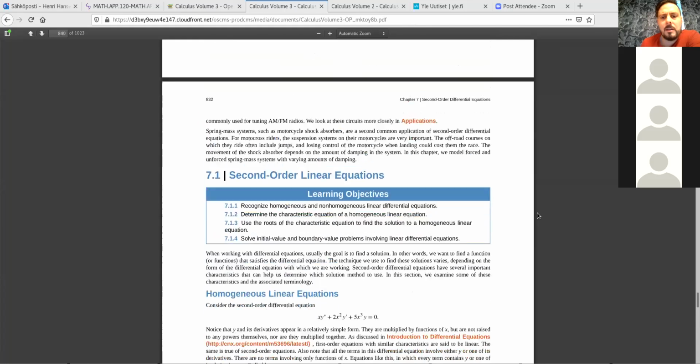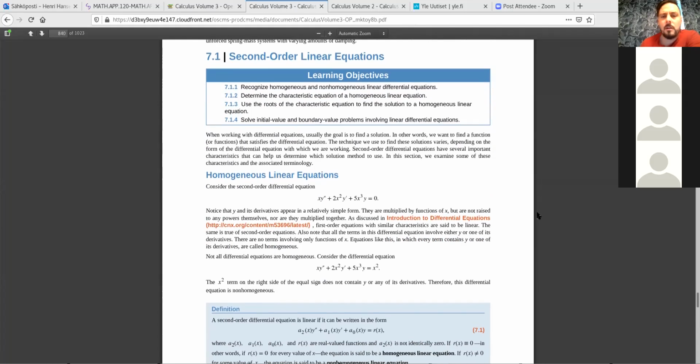We were lucky enough to have first order linear equations that were fairly easy to solve. So we look at some of these situations. Let's first look at what we call a homogeneous equation.